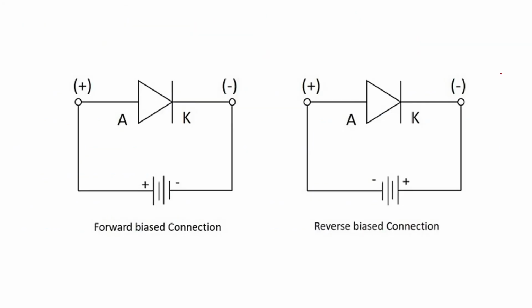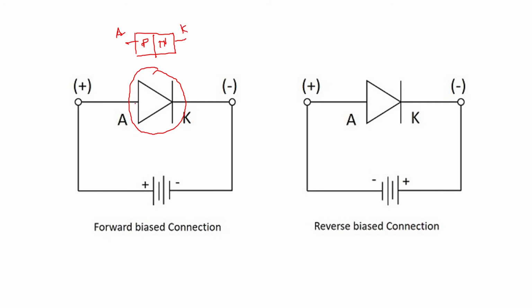Then here you can see forward bias and reverse bias with the symbol of diode. So this is your symbol of diode. This is nothing but your PN junction, and here is your anode and here is your cathode.